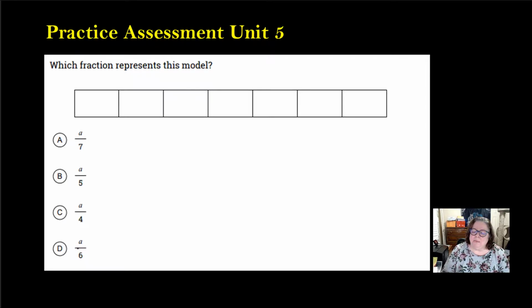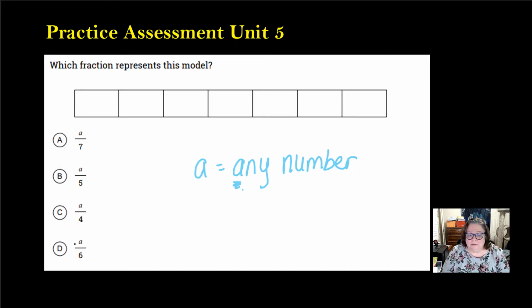In math, when people put letters in there, it simply means it could be any number. That's a good way to remember it: A, any number. And the A goes with the A. So we know that they're all the same. They all say A. What do we do now?